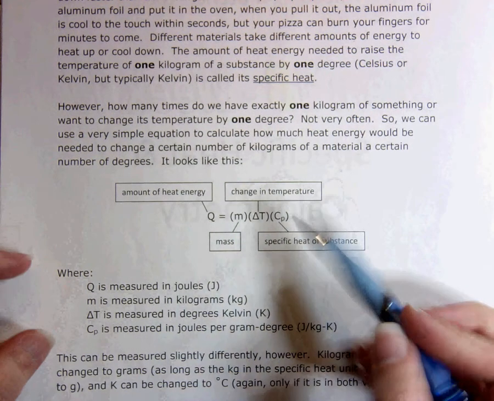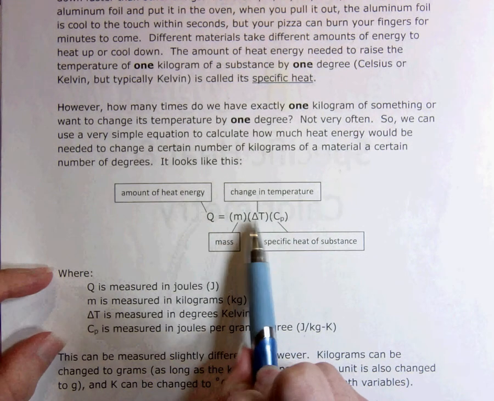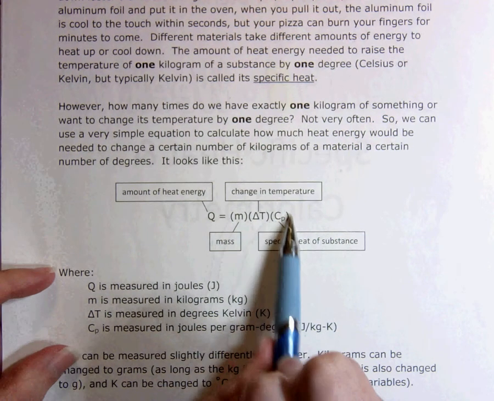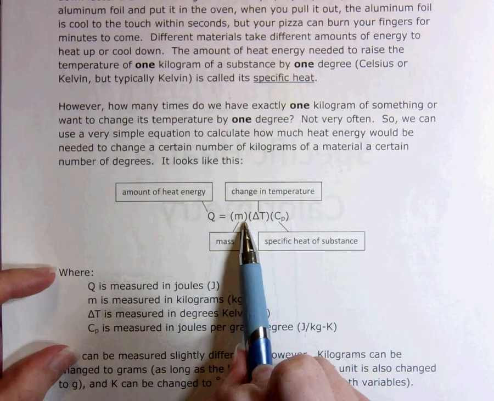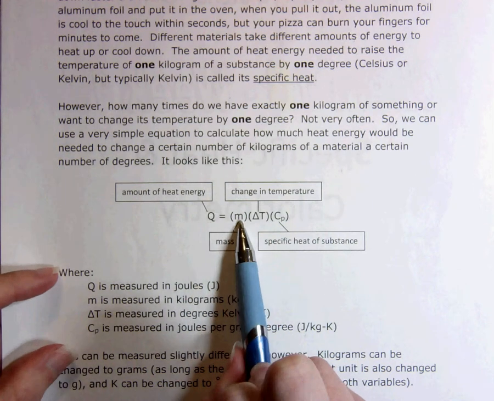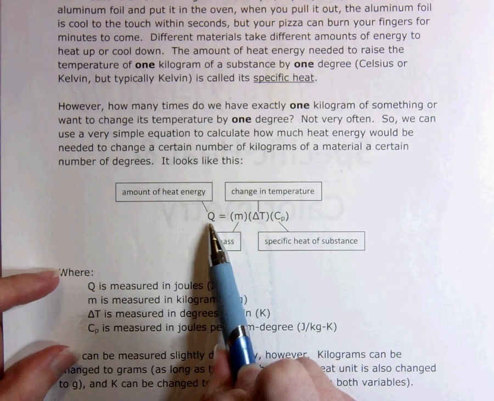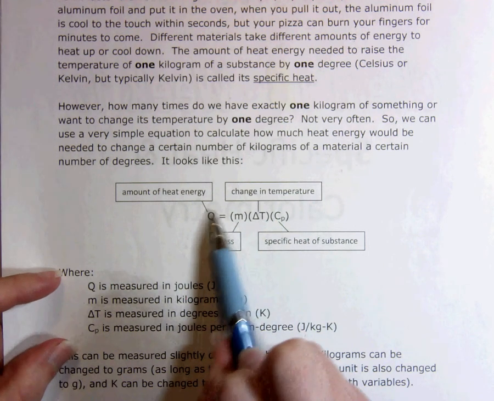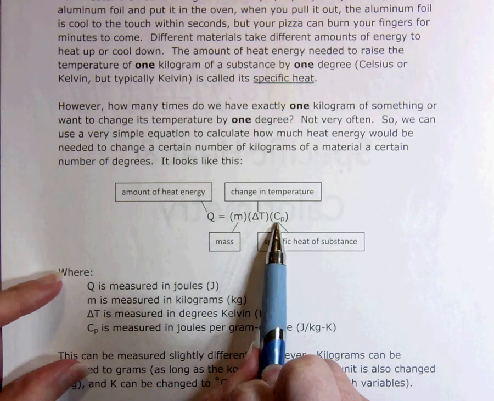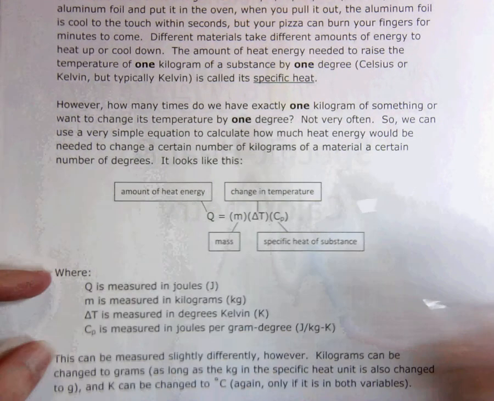And what I mean by this is that since Q is the amount of heat energy, if I take the mass times change in temperature times specific heat of my metal, and how much energy it lost, that will equal the mass times change in temperature times specific heat of the water and how much energy it gained. So I take mass times change in temperature times specific heat equals mass times change in temperature times specific heat.